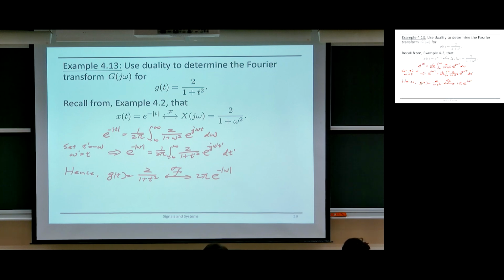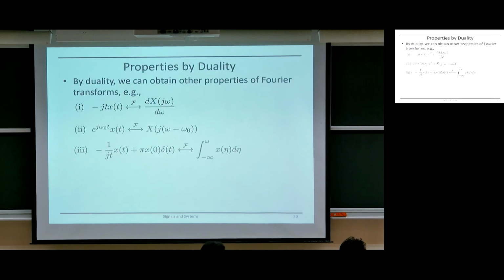Now, not only this, but actually, because of duality, you can show that many of the properties that we showed previously hold both ways as well. Okay? So previously, we showed that a derivative has a Fourier transform that is j omega X of j omega. Okay?